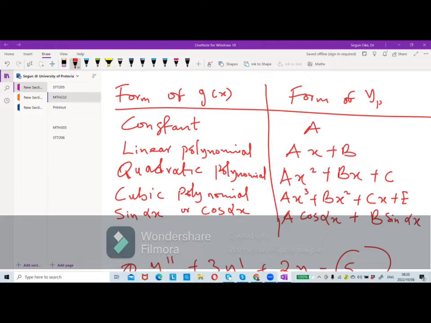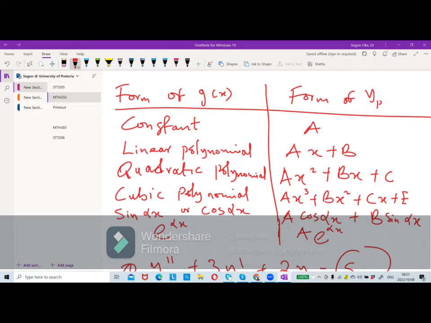Alpha x can be probably sine 2x, sine 3x, so don't forget. But in case we now have exponential forms, if it is exponential alpha x, it's going to be A exponential alpha x.